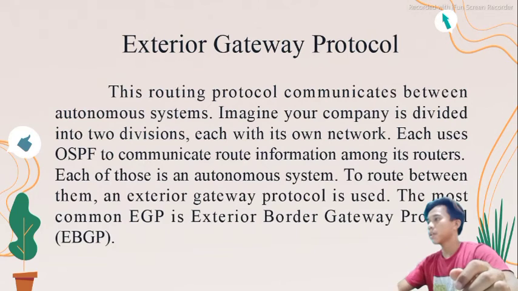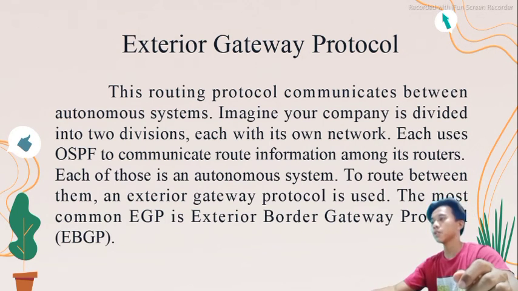Exterior Gateway Protocol. This routing protocol communicates between autonomous systems. The Exterior Gateway Protocol is used to connect the two divisions, hence the term exterior. It's used to connect the devices outside the range or out of the building.